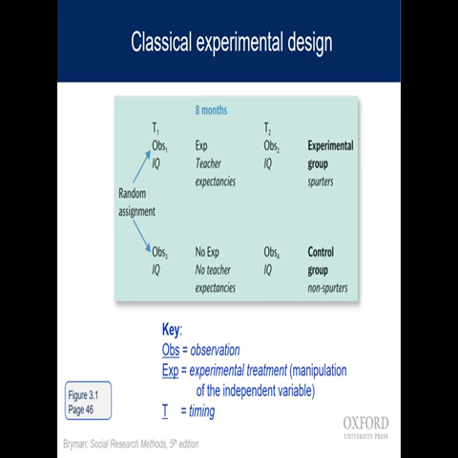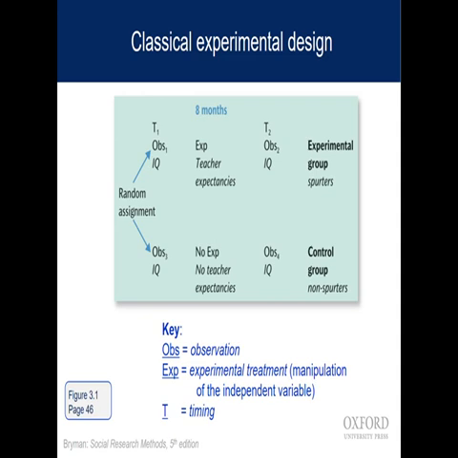And then at the end of 8 months, they tested them again. I should back up just a little bit because that T1 on the left-hand side means time 1. At the beginning of the study, they tested both groups of kids to see how good of students they were. And if I recall, they found that these groups were very similar in their average test scores at the beginning of the study.